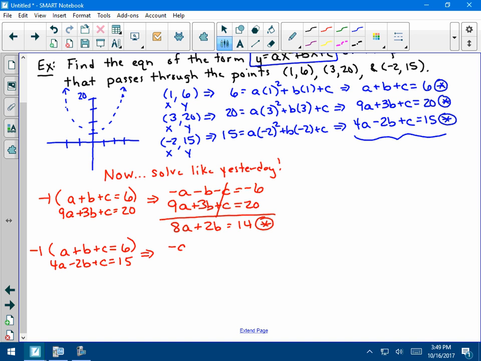We get negative a minus b minus c equals -6, and 4a minus 2b plus c equals 15. Those c's go away. So 3a minus 3b equals 9. So there's my second equation.